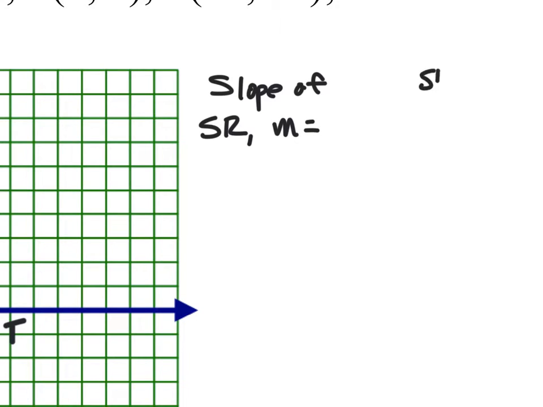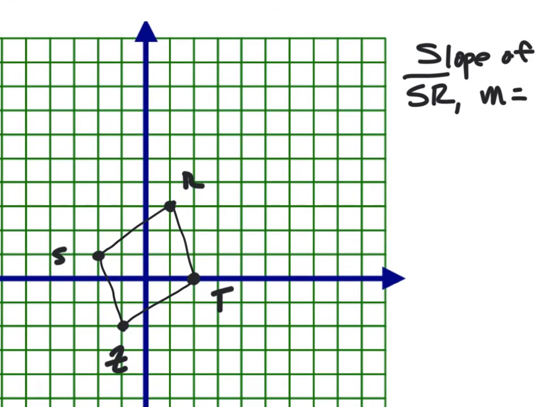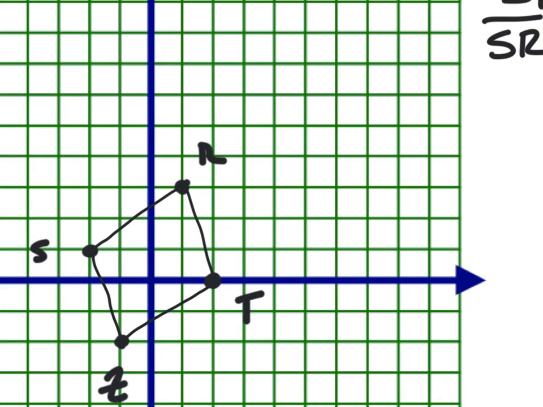So I'm first going to find the slope of SR, okay? And then I'm going to find the slope of ZT, okay? And that's my slope is equal to something.